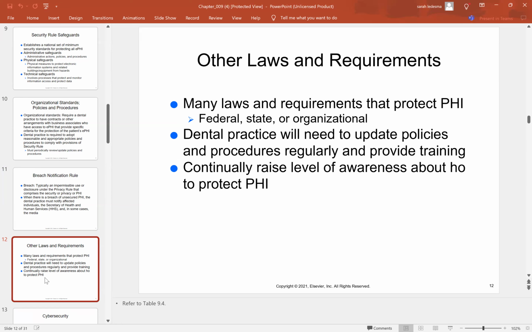Other laws and requirements. Many laws and requirements protect PHI, including federal, state, or organizational. Dental practice will need to update policies and procedures regularly and provide training. Continually raise level of awareness about how to protect PHI.